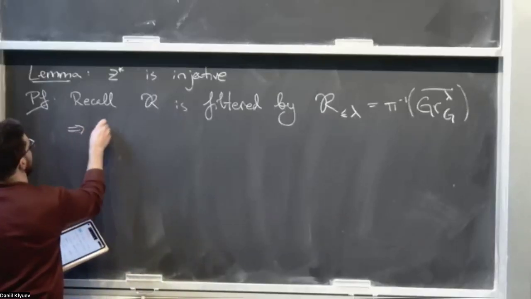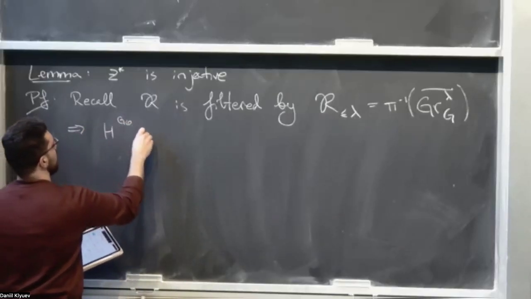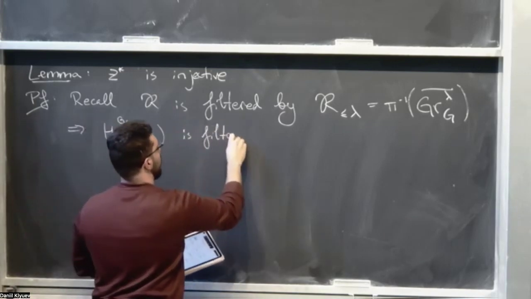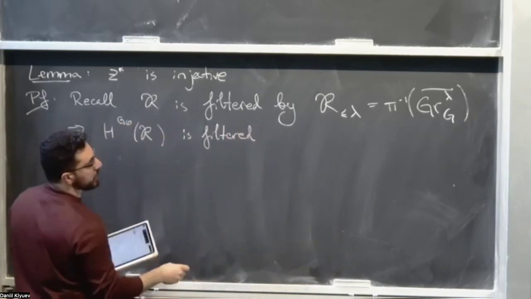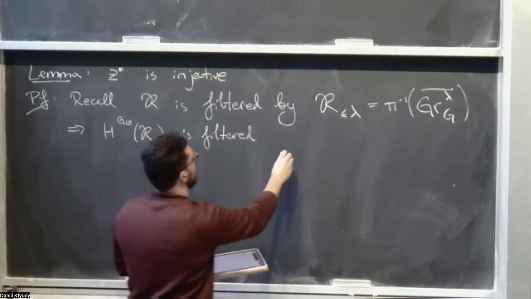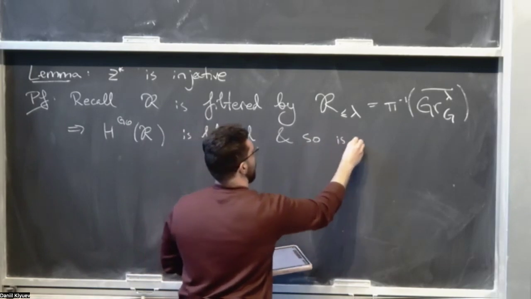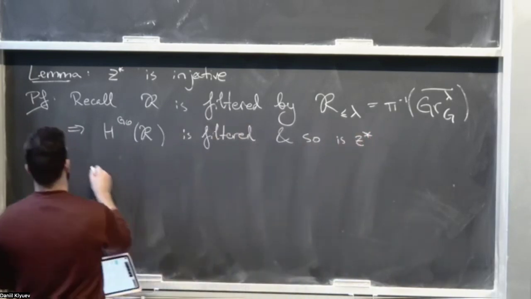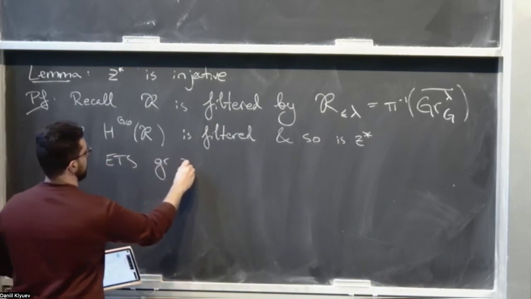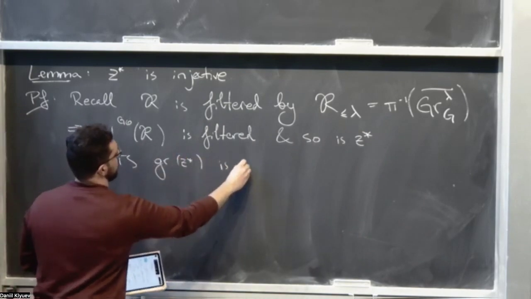So then the cohomology is also filtered. And because Z star is given by the zero section, that's a filtered map. So then it's enough to show Gr Z star is injective.